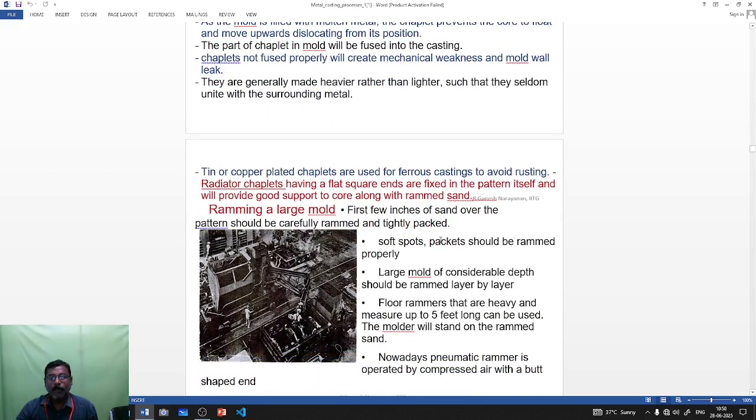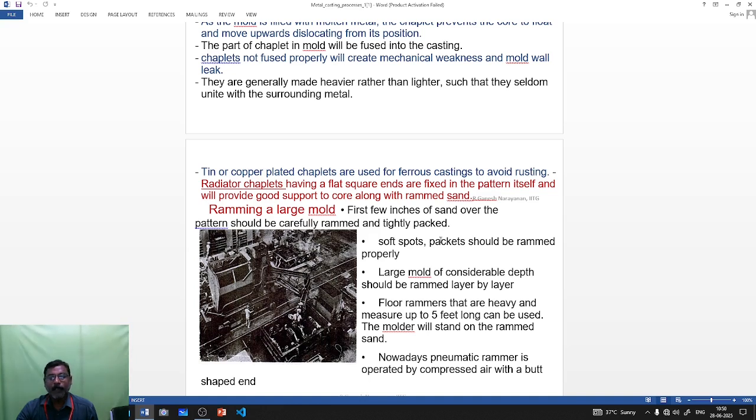Tin or copper plated chaplets are used for ferrous casting to avoid rusting. So radiator chaplets having flat square ends are fixed in the pattern itself and will provide good support to the core along with the rammed sand.